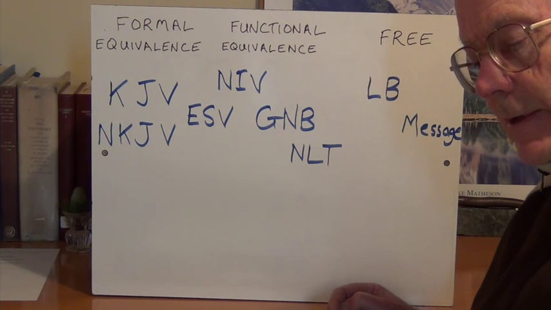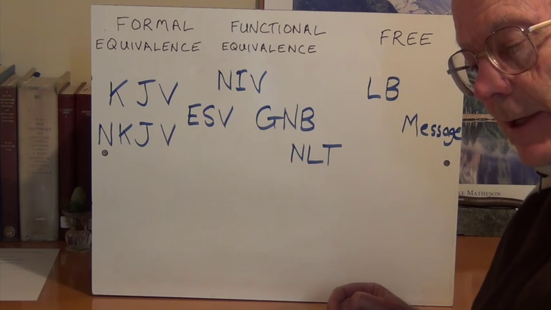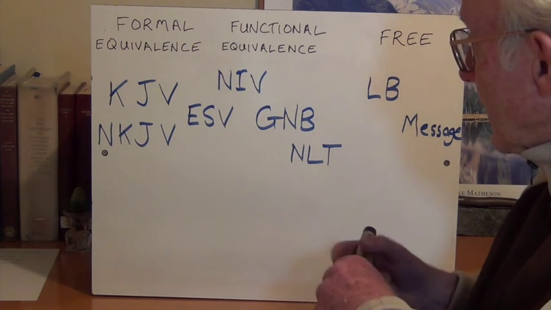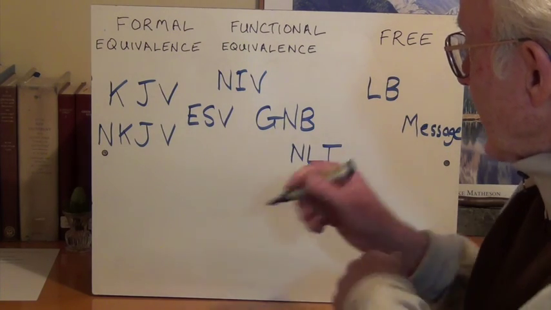Sure, there are slight regional variations, but I'm just talking about the basic core of normal standard English as understood by native speakers of English all around the world. So let me write this here.